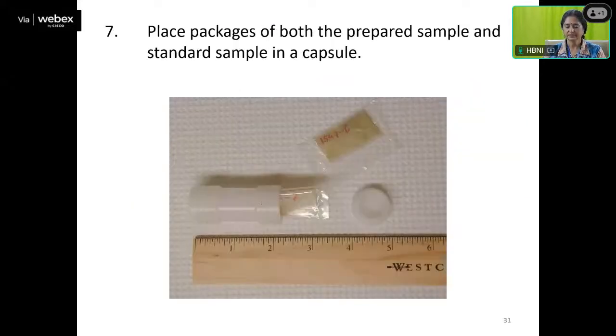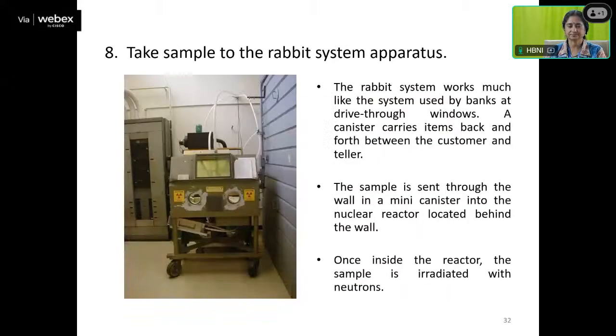Then both the packets will be put in plastic vials like this. You can see the plastic vial is hardly around 2 inches in height. Both the packets, the standard as well as your sample, will be placed in this plastic bottle or capsule, which is called the sample capsule, and then the cap is properly put on.